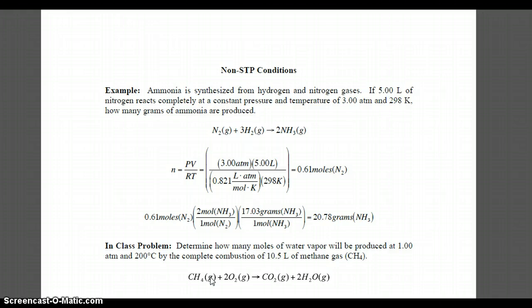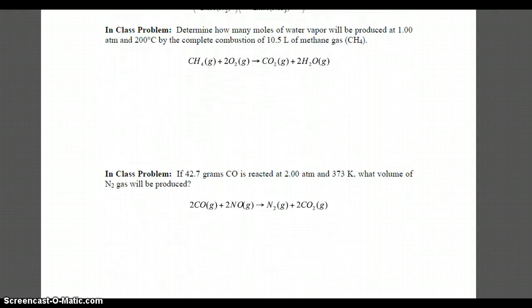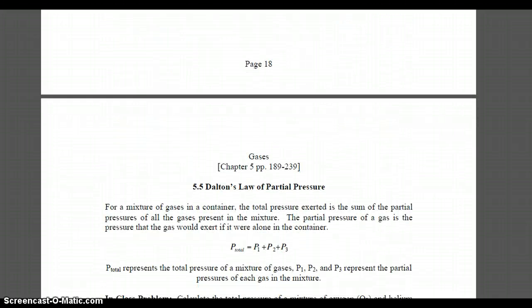Okay, so the higher your temperature, the lower the pressure, the better the ideal gas law is at predicting the properties of gases. Okay, so let's move on to page 19 and we'll talk about Dalton's law of partial pressures.